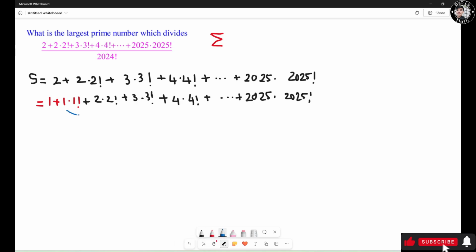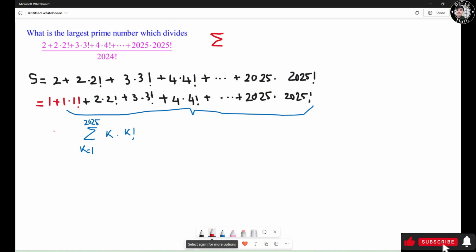This part turns out to be the sum of k times k factorial when k goes from 1 to 2025. So I just rewrite 1 in the front, plus this sum, and this equals S.